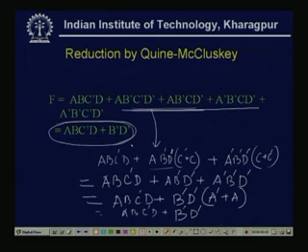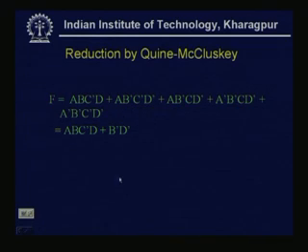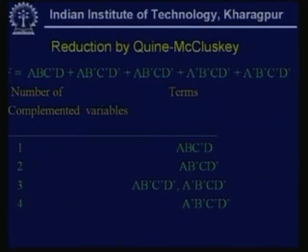Now, we see if I apply the Quine-McCluskey rule. First, what we are doing is computing the number of complemented variables in the terms. There are 5 terms.